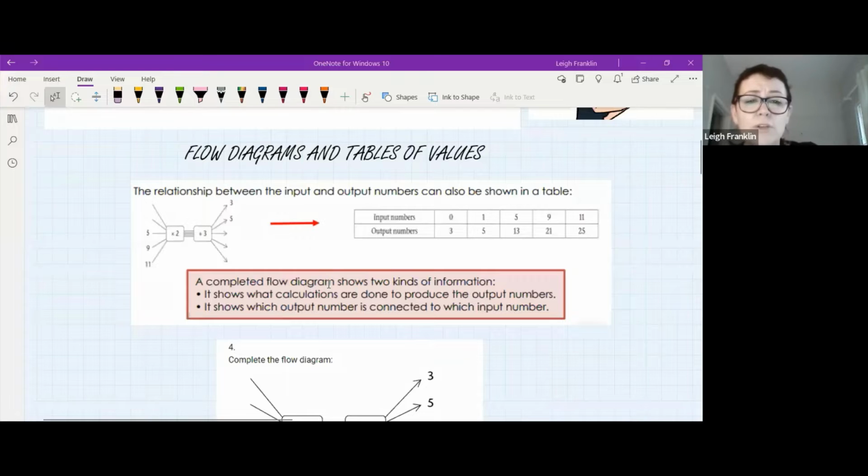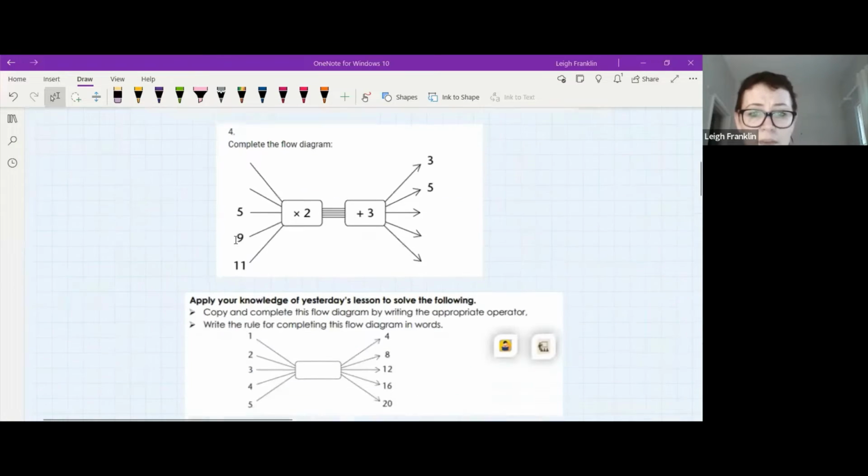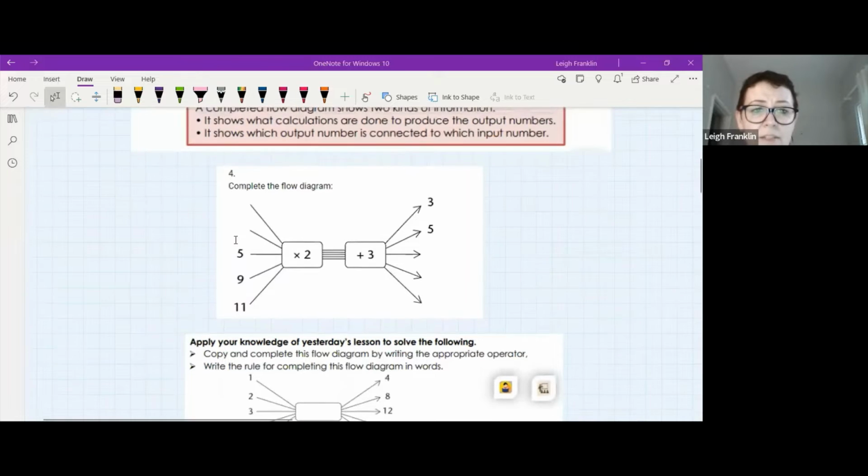Okay, so flow diagrams show us two kinds of information, as do tables. They show what calculations are done to produce the output number, and they also show which output number is connected to which input number. If we have a look at a situation like this one, we can see what I'm talking about. Here's our rule in the middle. Our rule is telling us to, first of all, multiply by 2 and then add 3.